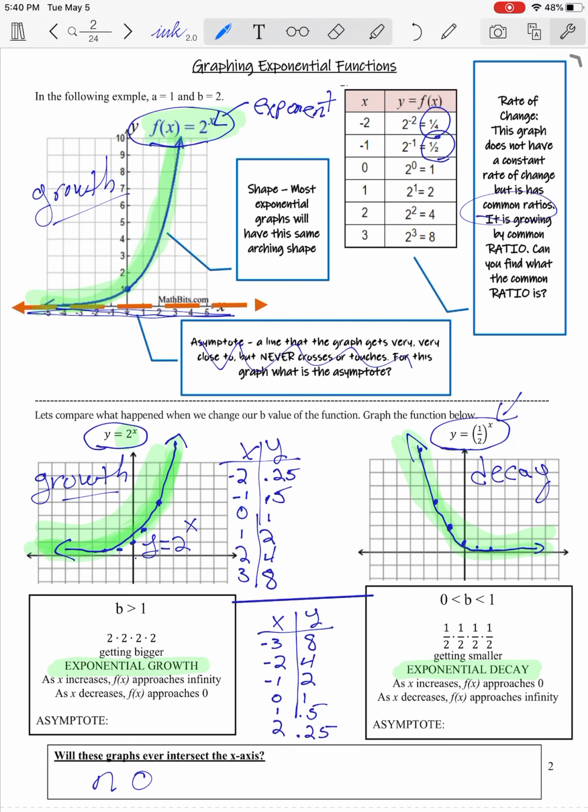So all you're doing is pausing the video. Do these 2 problems. Then turn the video back, unpause, and I'm working it out for you. You'll see exactly how to do these. So why don't you do that now? Pause the video and do page 3, number 1 and 2 now.